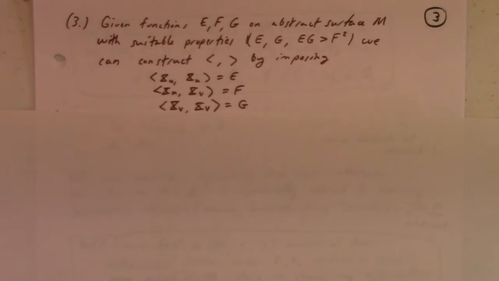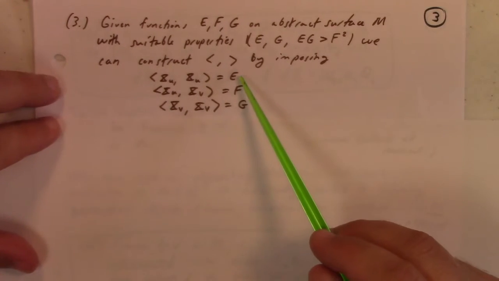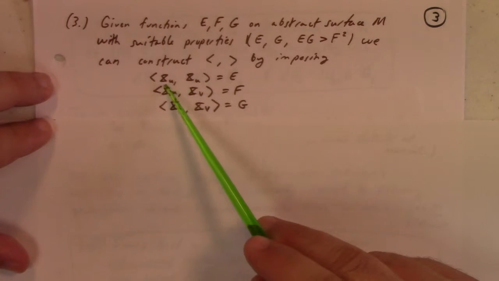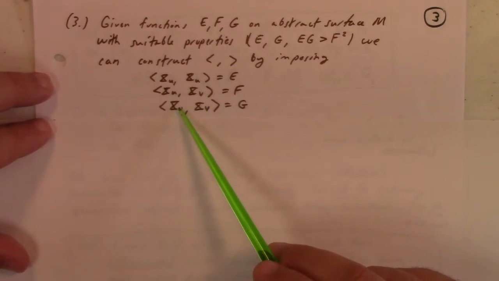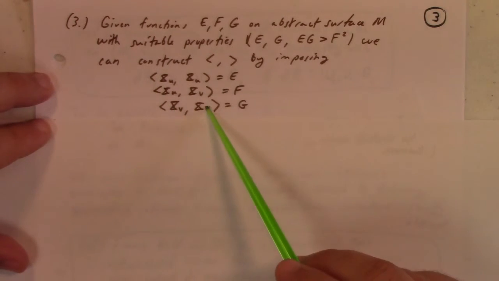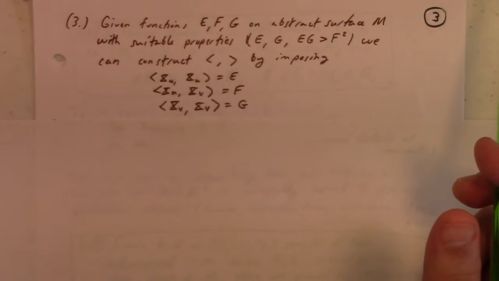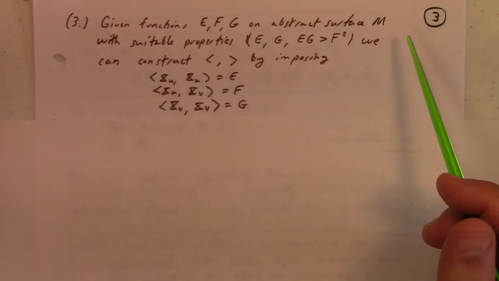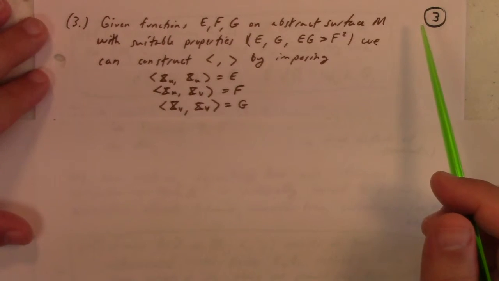So another way you can build a metric is simply by, before we calculated E, F, and G by taking the dot product of Xu and Xu, Xu and Xv, and Xv and Xv, where that's the dot product in the ambient three-dimensional space. Well, we're not in that context anymore, right? Xu and Xv are not necessarily three-dimensional vectors in this context.